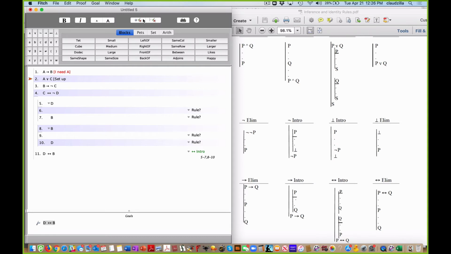Set up disjunction elim. Line 3, I have an arrow. I need B in order to derive not C. And sorry guys, I should put that same type of note up here. I need A in order to derive B.